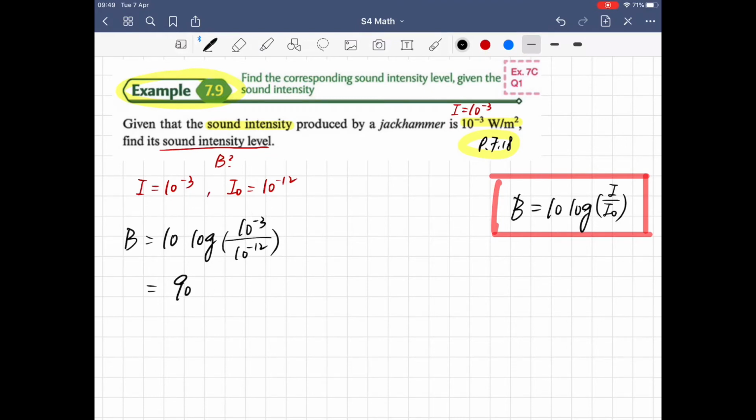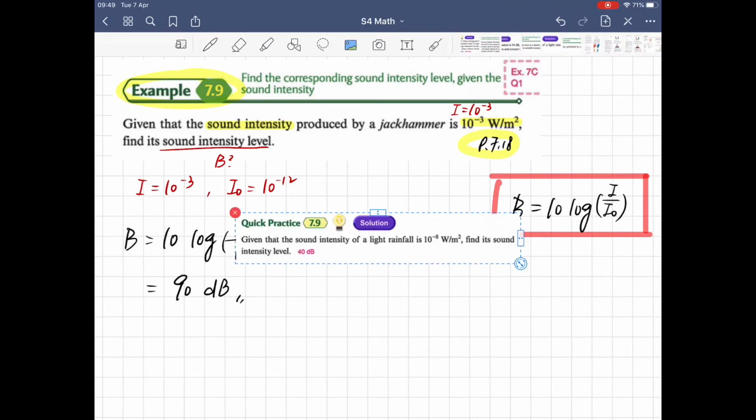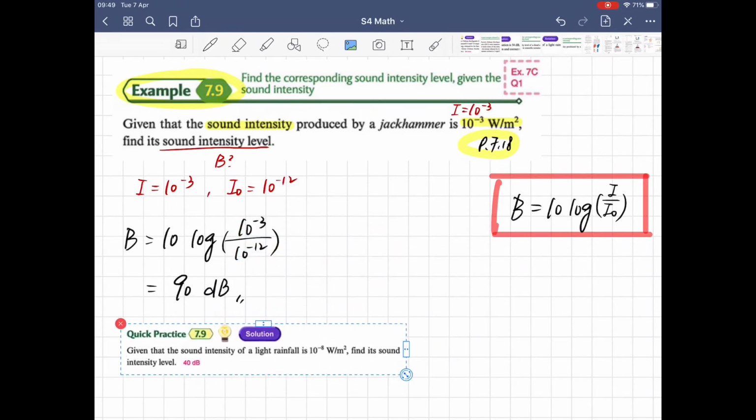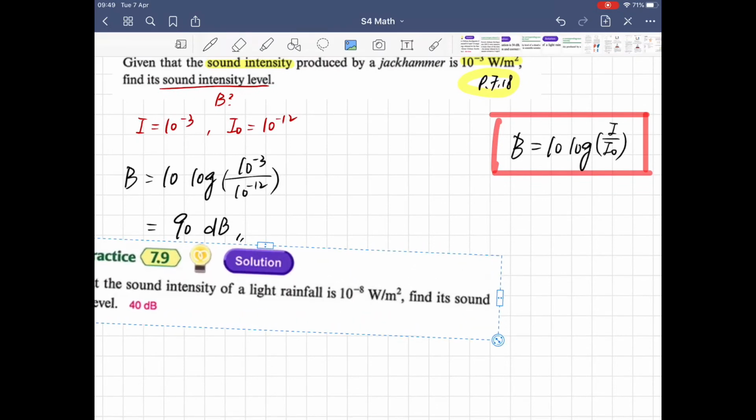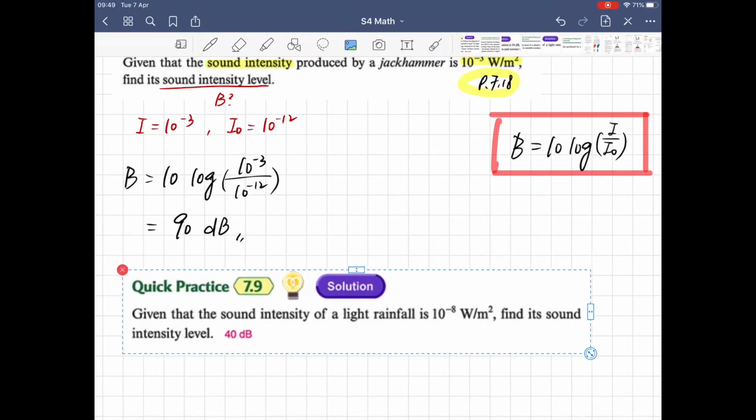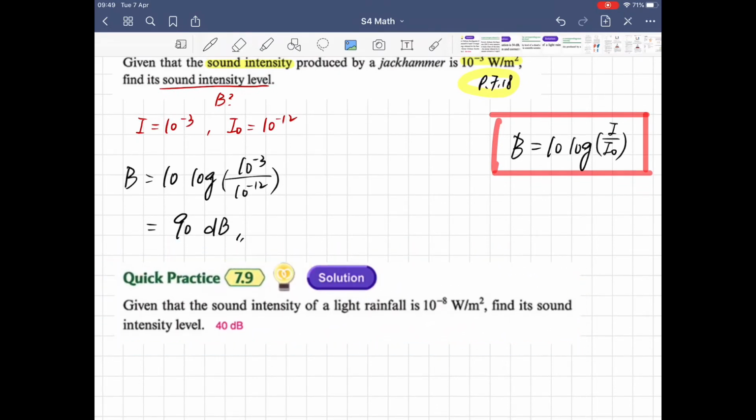And don't forget the unit dB. So in this question, it is just simply by substitution. Okay, so now please help me to finish quick practice 7.9, and then I will show you another example.